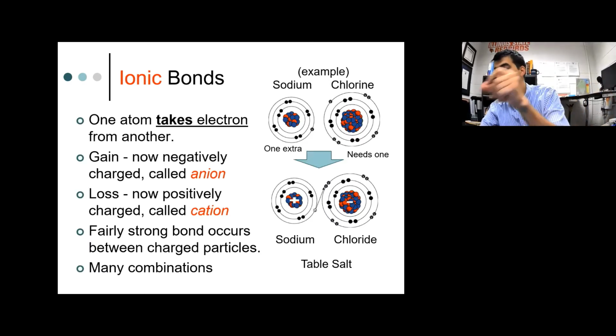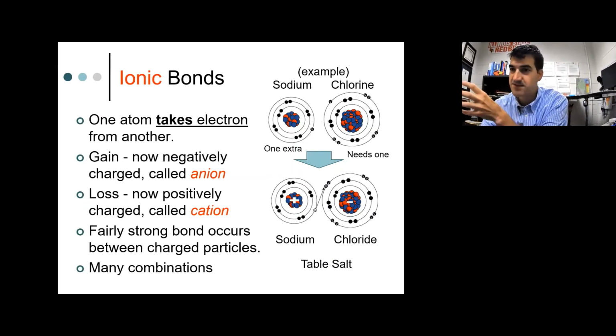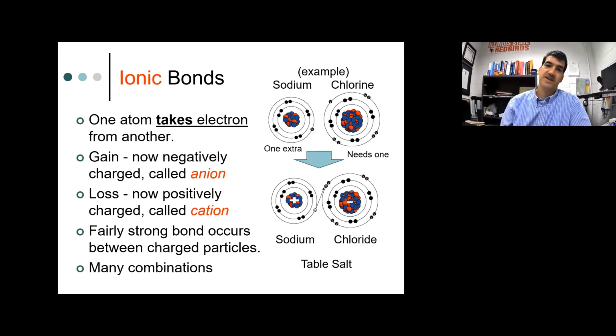And you have another atom over here that is just missing one or a couple of electrons from its valence electron shell and would be more stable or happier if it could just get a couple more electrons. And the more an atom wants to steal electrons, there's a word for that, it's called electronegativity. So if an atom is highly electronegative, that means it really is trying to pull away electrons from other atoms.